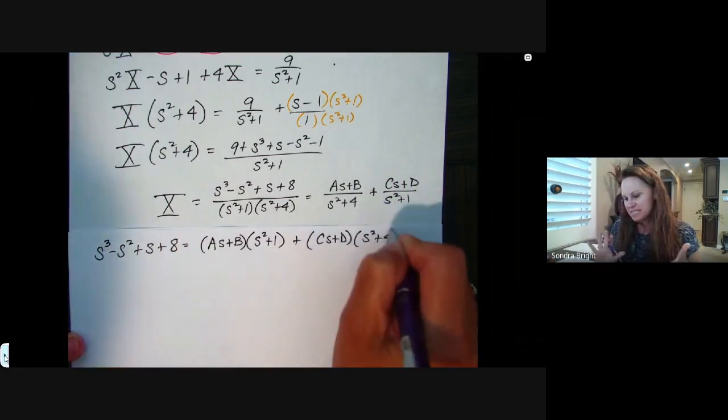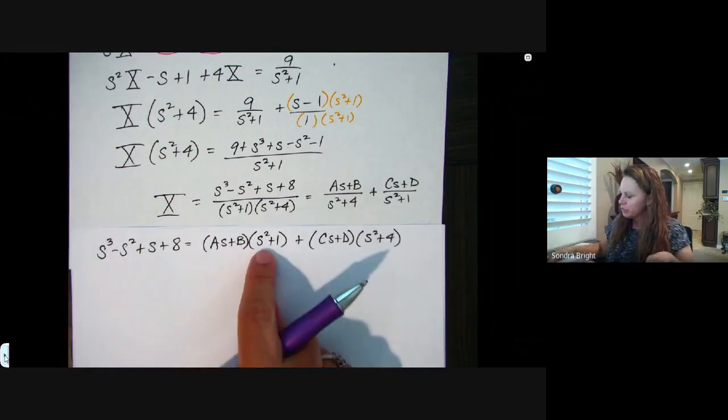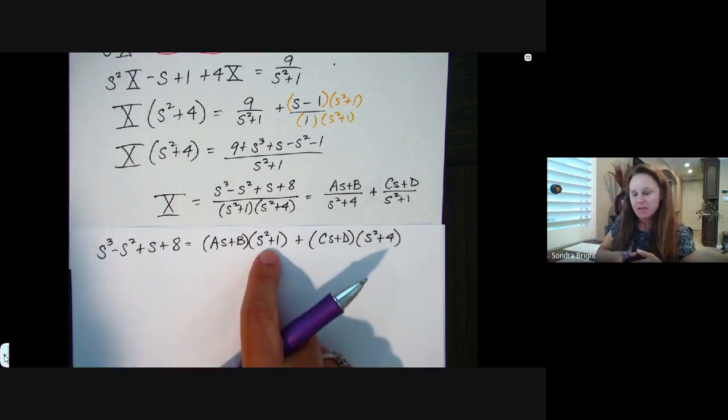This is the kind where you can't just plug something in. There's nothing you can plug into s to make that go away and become 0. So here we're going to distribute it all out and then equate coefficients.